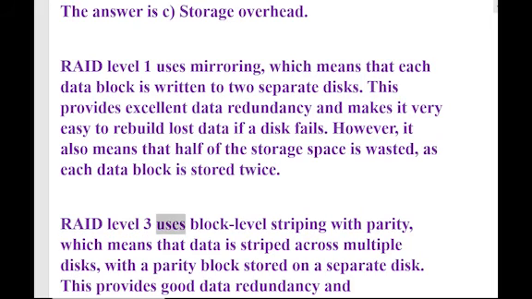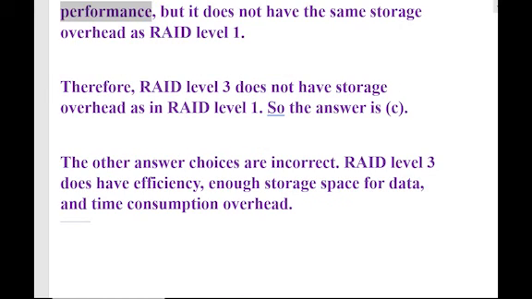RAID level 3 uses block level striping with parity, which means that data is striped across multiple disks, with the parity block stored on a separate disk. This provides good data redundancy and performance, but it does not have the same storage overhead as RAID level 1.